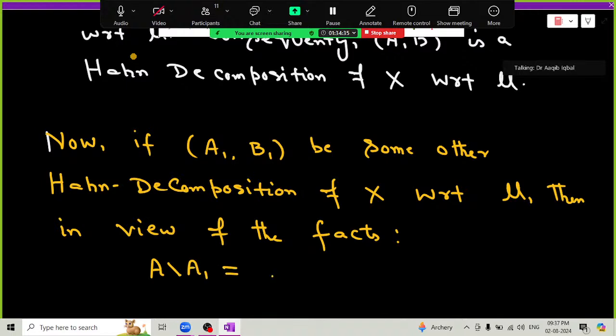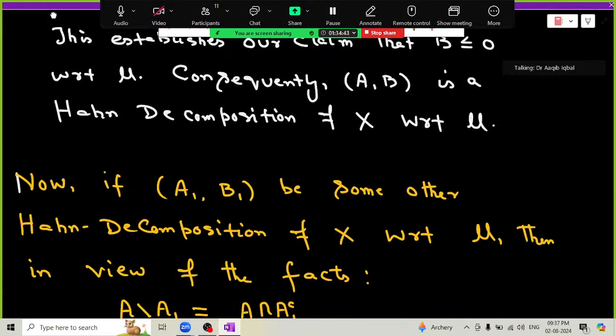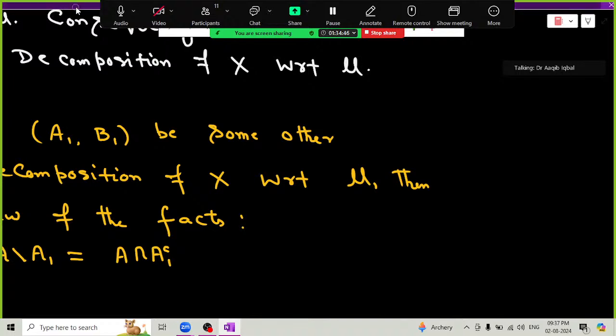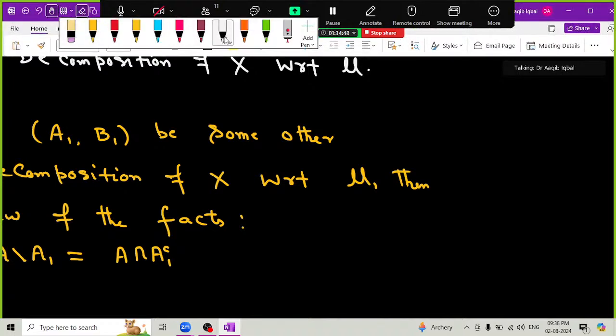I can write this as A intersected with A1 complement. ये ठीक है. अब A1 complement को आप देखिए, A1, B1 is a Hahn decomposition.